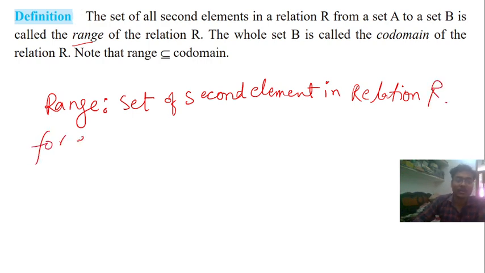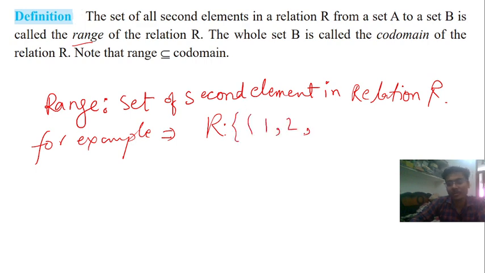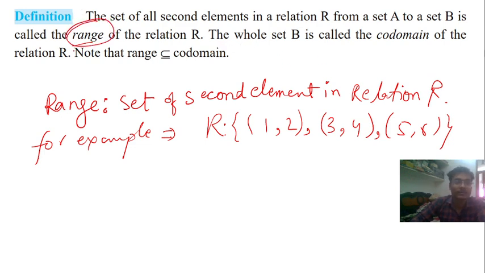Okay, for example, I will present here a relation with these many elements. Now you will have to write the range. What they're saying, the second element means second element.